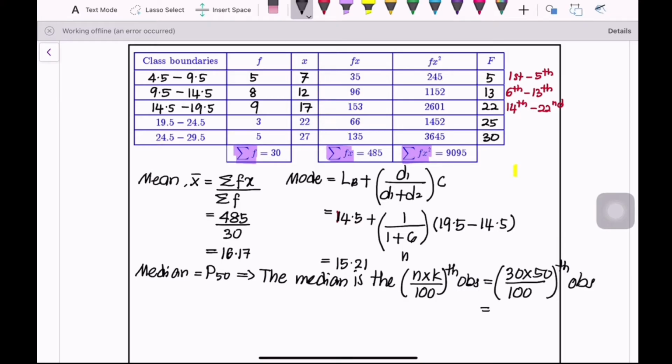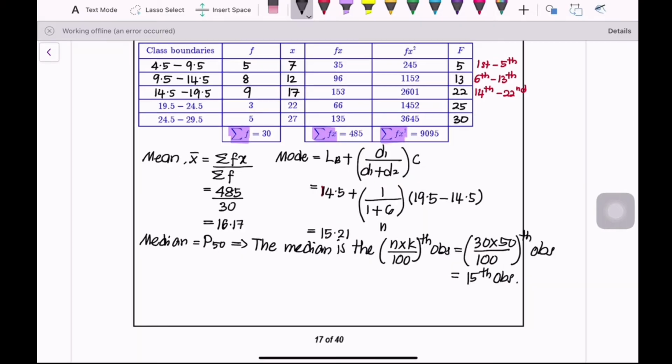So the median is the 15th observation. Now we determine the position of that observation on the table. So the observation is here, and we highlight the median class.